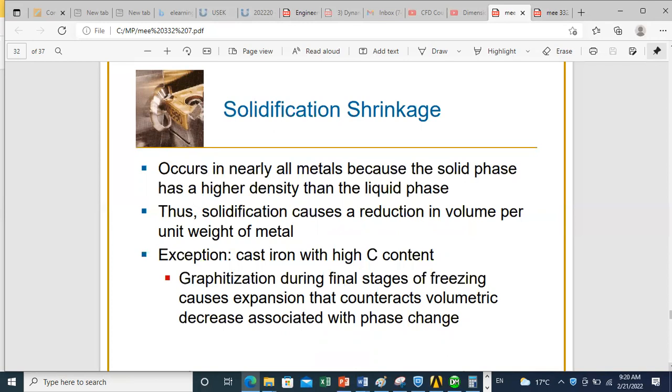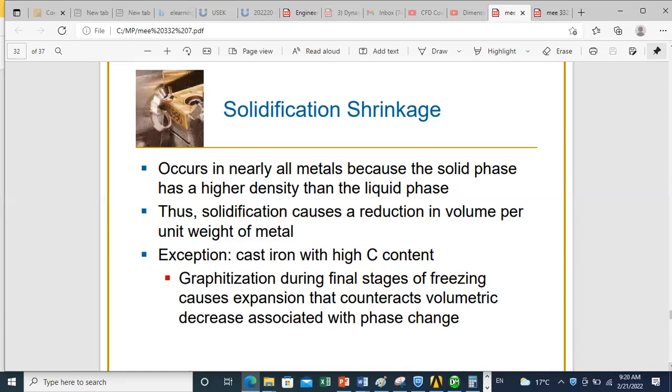In fact, carbon is characterized by properties such that when you go from liquid to solid state, you don't have a decrease in volume. This is why adding carbon in the final stage of freezing will cause expansion that will counteract the volumetric decrease associated with phase change.